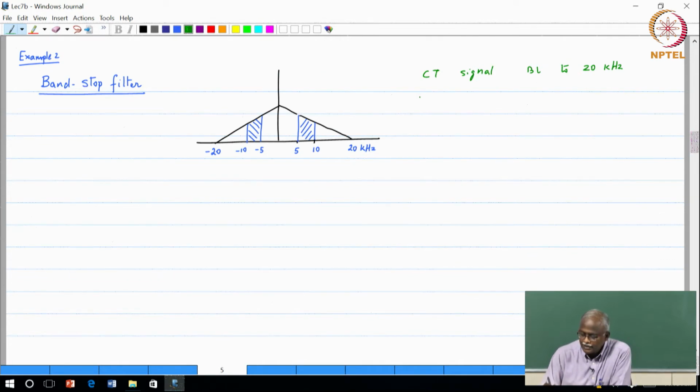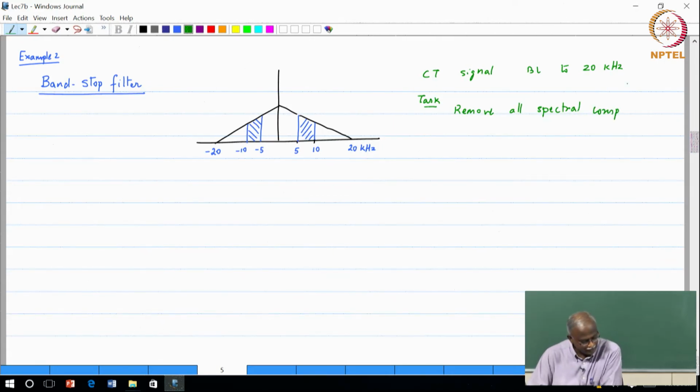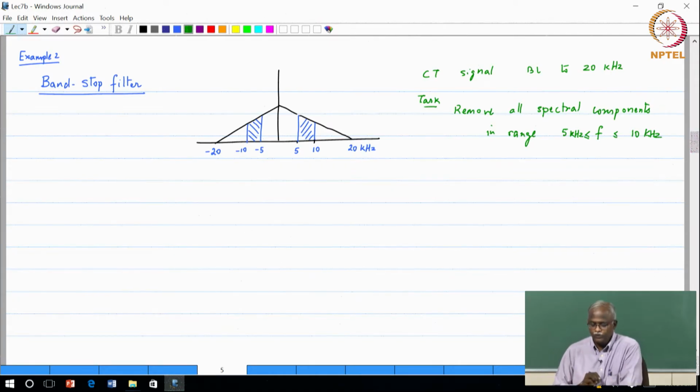So, the task is as follows: remove all spectral components in the range of f greater than or equal to 5 kilohertz to 10 kilohertz, which is what we have shaded in blue to show that that is the portion that we want to remove.